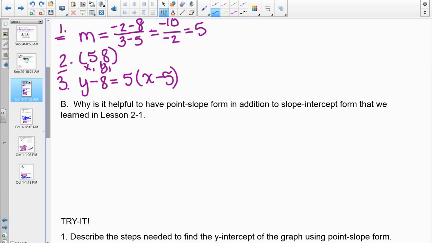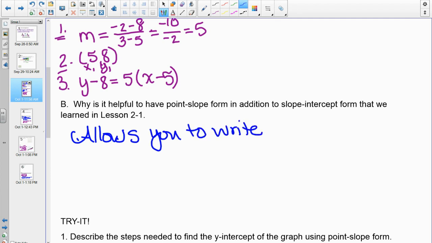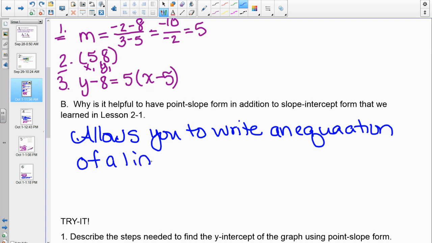So I said it allows you to write an equation for a line without knowing.